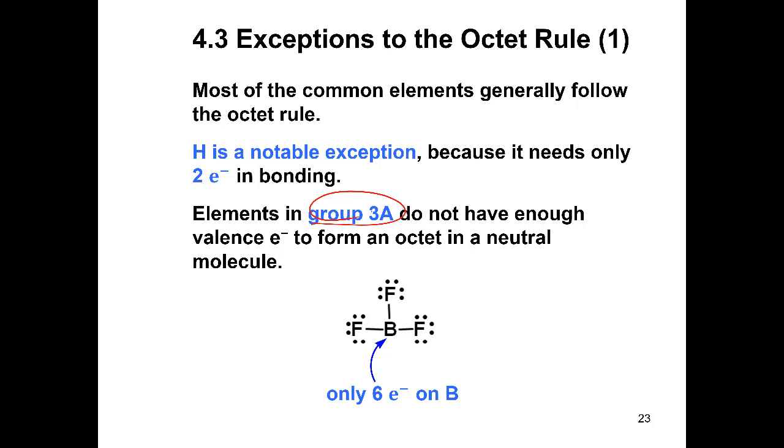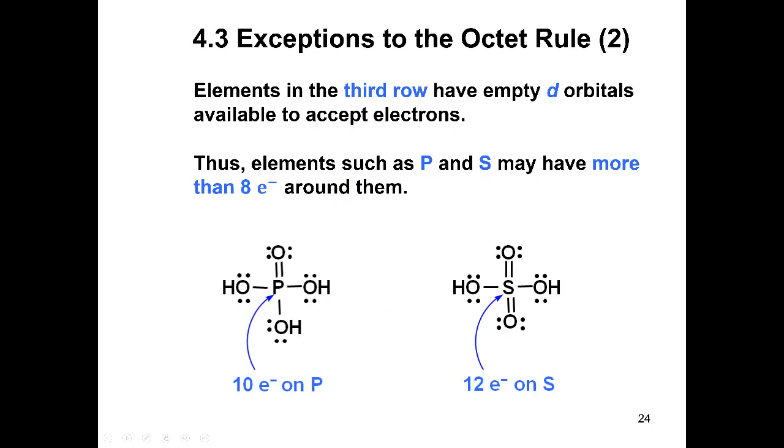One of the primary examples of that is boron, which is B. Boron only requires 6 electrons to be happy, rather than the full octet. And this has to do with some energy considerations of the orbitals. So it is an exception, and it will not have a full octet. So boron is the example of a less-than-an-octet exception to the octet rule.